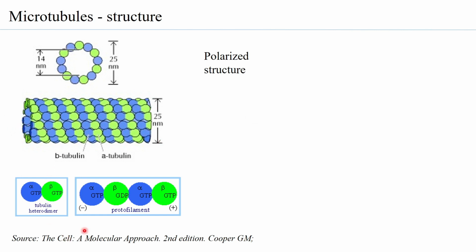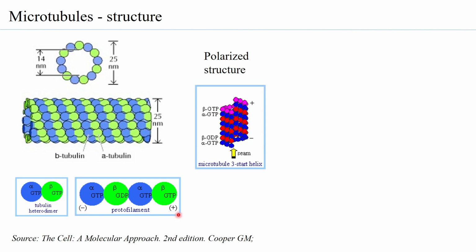But you also have what is called the minus and the plus end. So what does that mean basically? It means that the plus end is the fast growing end of the microtubule. So if the microtubule has to grow in length, then the polymerization is more at the plus end. You will have more and more heterodimers coming and binding at the plus end and extending the microtubule.